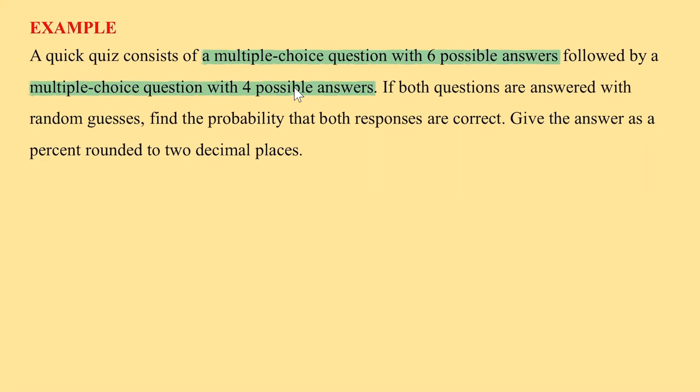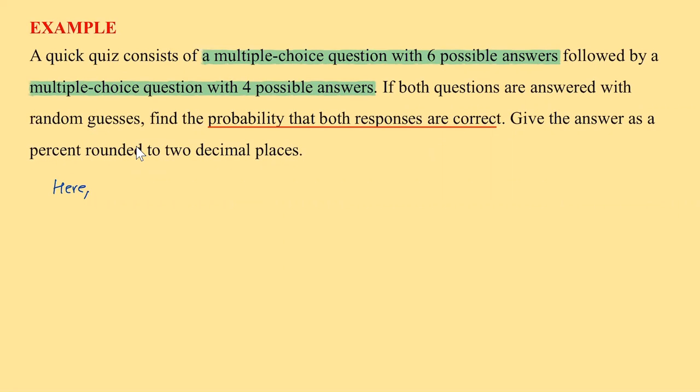So here, if we look at the question, we want to find the probability that both responses are correct if they are answered at random guess. So if you're guessing and answering both questions, what is the probability that you'll get both answers correct?